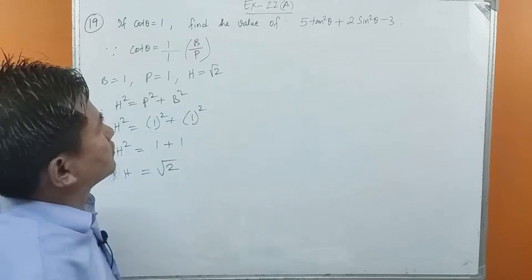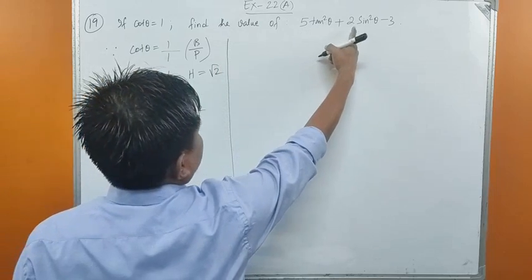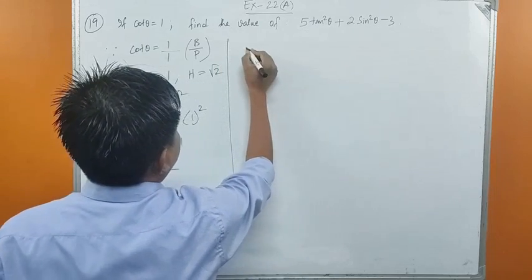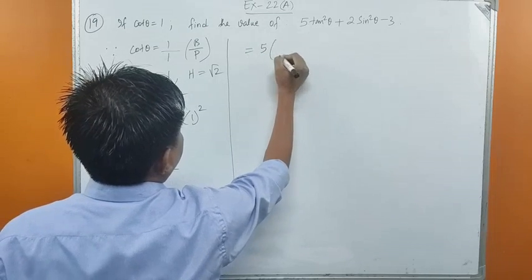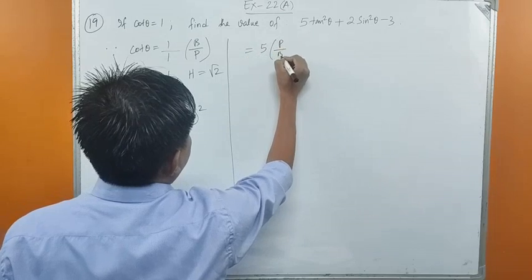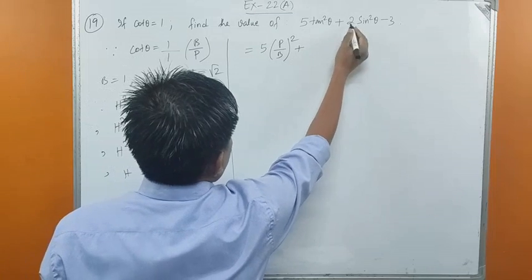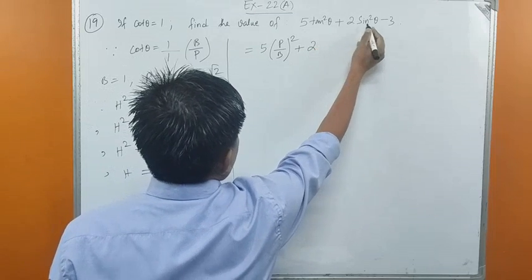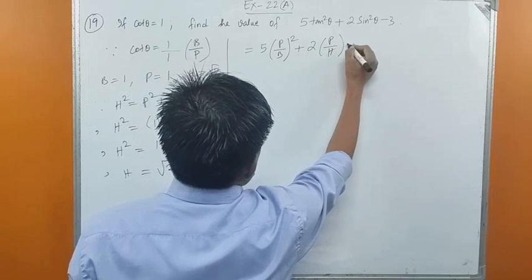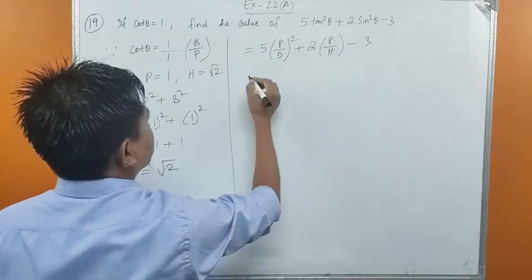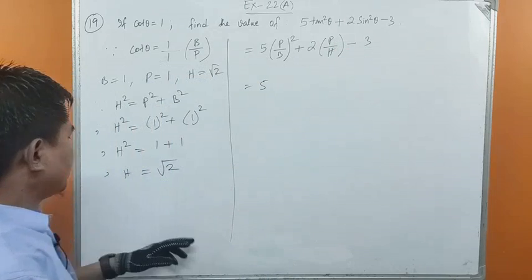Now let us find the value of this expression: 5 tan square theta plus 2 sin square theta minus 3. So 5 we write here as it is. Tan theta means perpendicular upon base, whole squared, plus 2 we write here as it is. Sin theta means perpendicular upon hypotenuse, whole squared, minus 3. So what is p?